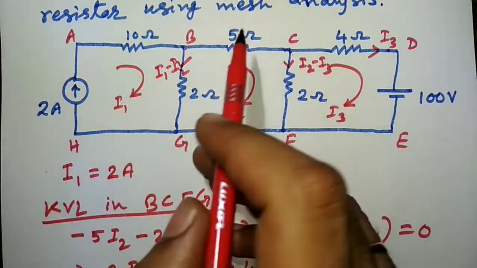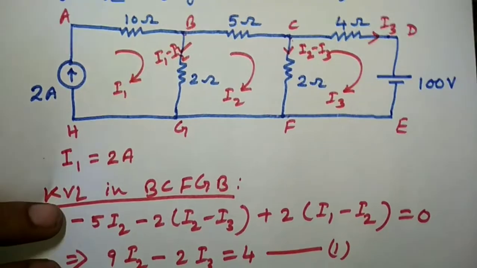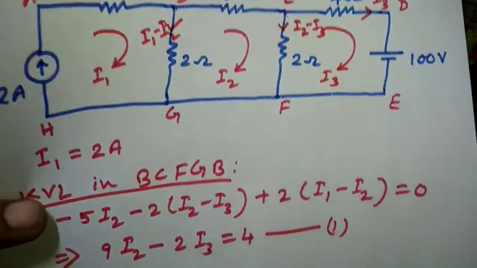So we have to find the current in 5 ohm resistance. Therefore the current in 5 ohm resistance will be I2.